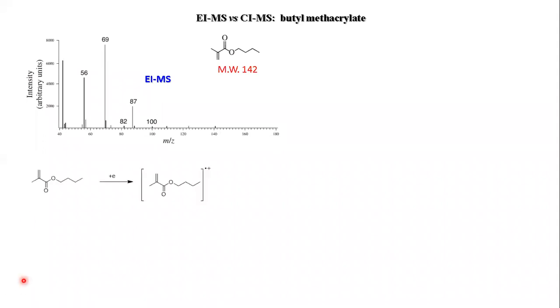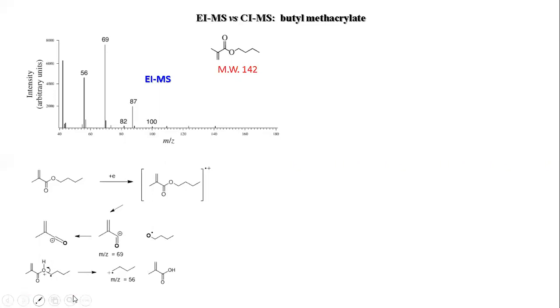This is the molecule, and you are bombarding it with an electron beam. It will eject one electron from this molecule and generate a dot plus, a radical cation. This can fragment, because a stable cation can be generated from here. It can be clipped from here.